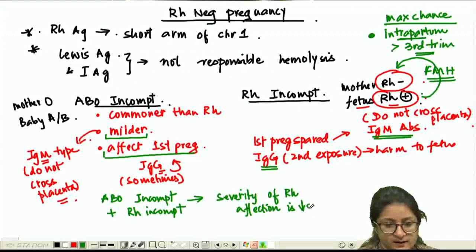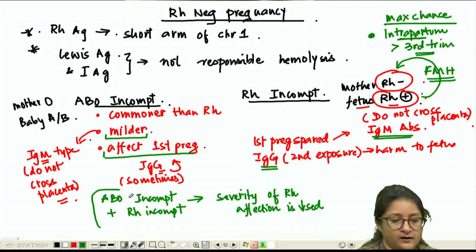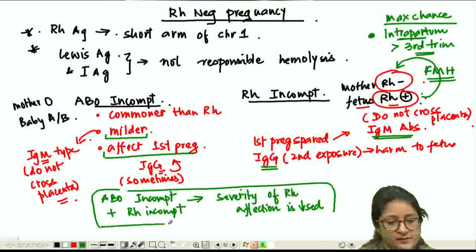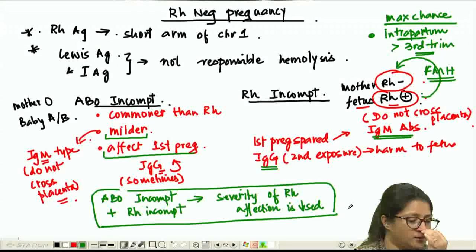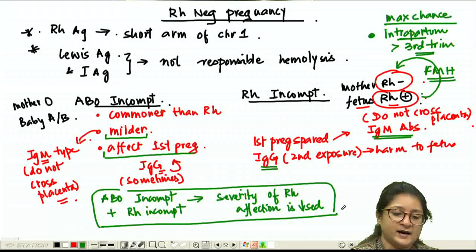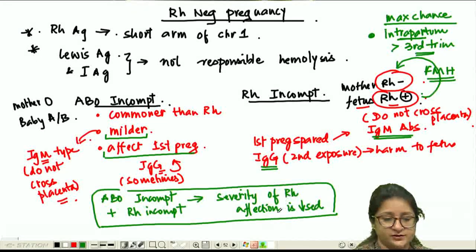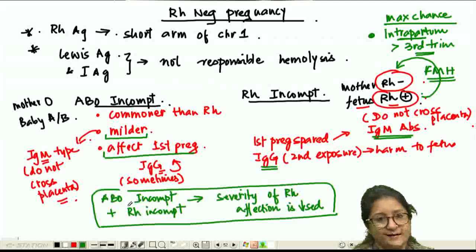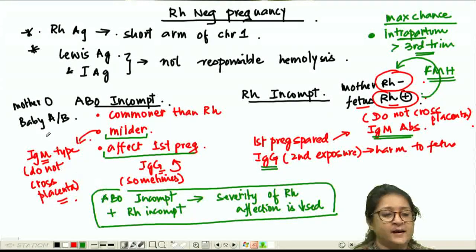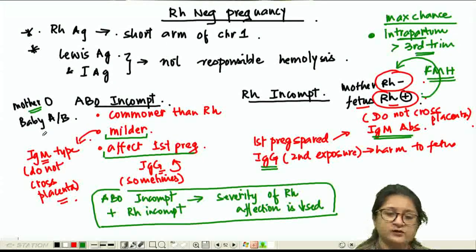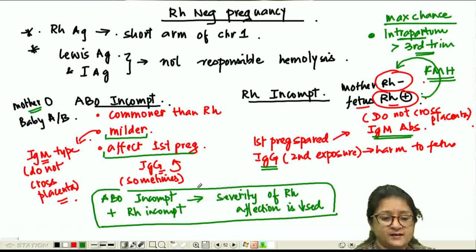This is because whenever these ABO incompatible RBCs enter the maternal circulation, they are destroyed by the anti-A and anti-B antibodies already present in the mother, before those antibodies can mount an Rh response. That is how the severity of Rh affection is decreased.